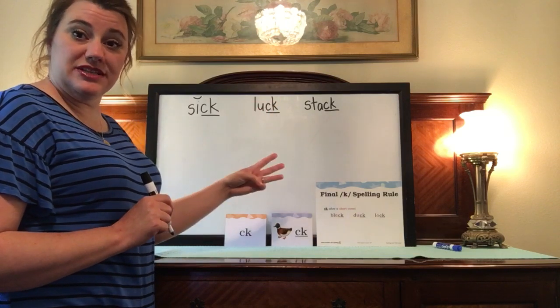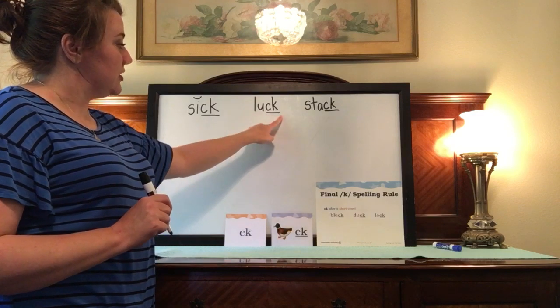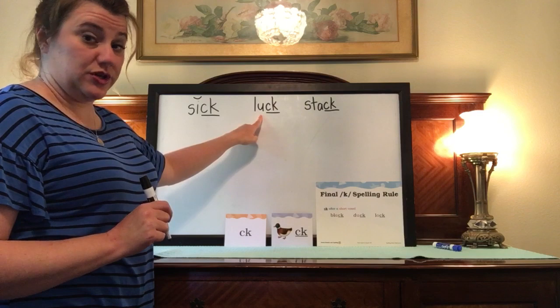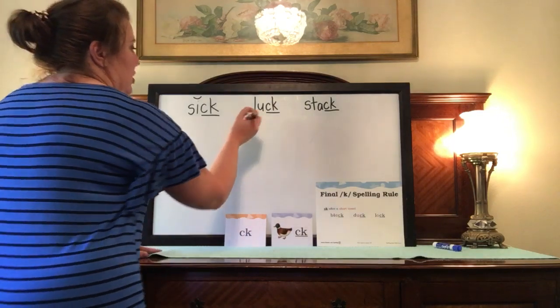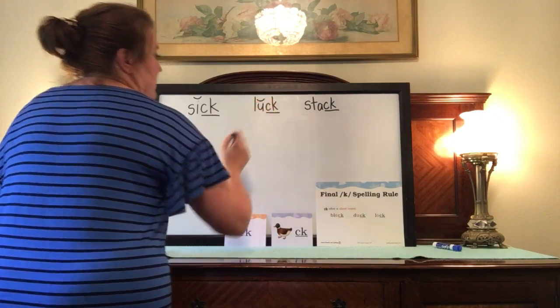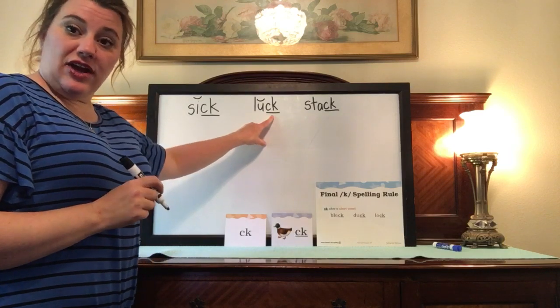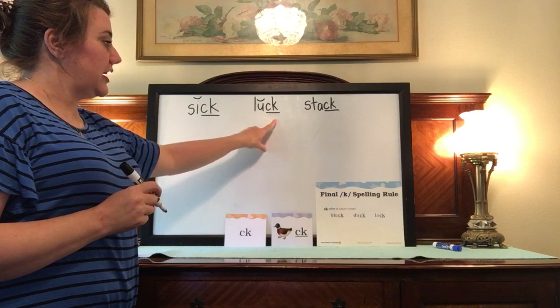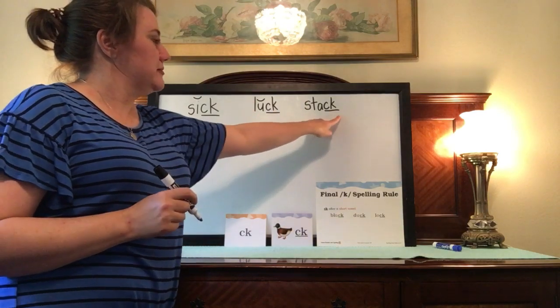Luck has three sounds, but four letters. The CK is at the end. The U is short, so I'm going to code it with a breve. And we've already underlined digraph CK. So luck.